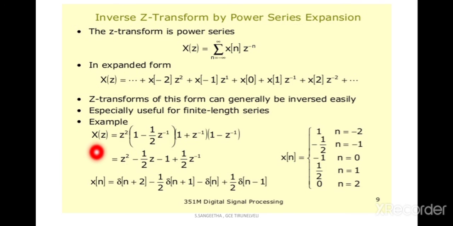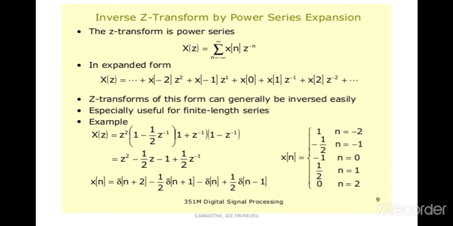So next we are going into the example for solving the power series expansion of inverse z transform. Here we have capital X of z is equal to z square into 1 minus 1 by 2 z to the power minus 1 into 1 plus z to the power minus 1 into 1 minus z to the power minus 1. Next we are substituting these values, that is x of n is equal to, here we are having 1, minus 1 by 2, minus 1, 1 by 2, 0. So for n equal to minus 2 we are getting 1, for minus 1 we are getting minus 1 by 2, for 0 we are getting minus 1, for 1 we are getting 1 by 2, and for 2 we are getting 0.